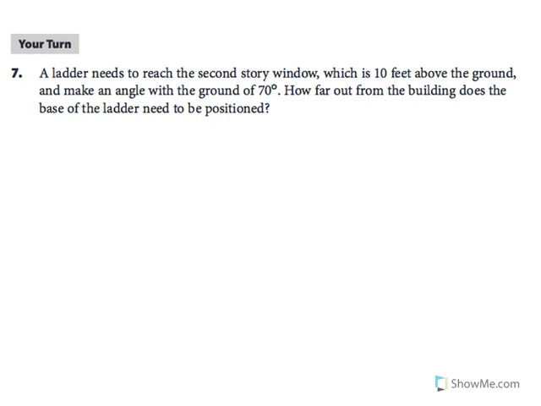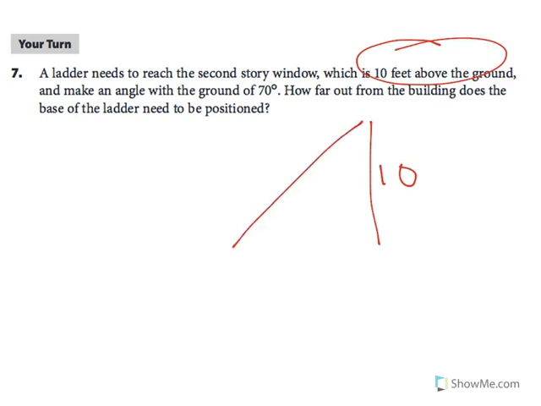So then in order to do number 7, it's easier if we make a little diagram. Right, so let's say this is our building. Okay, and it's saying that it's 10 feet above the ground, so we know that this is 10. And we are to lean a ladder to the building, and this is our ground.